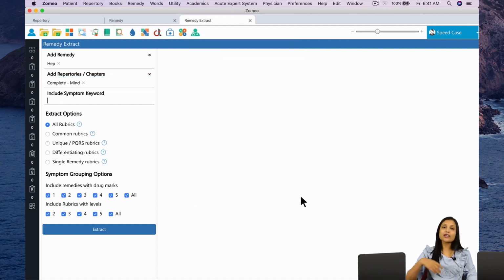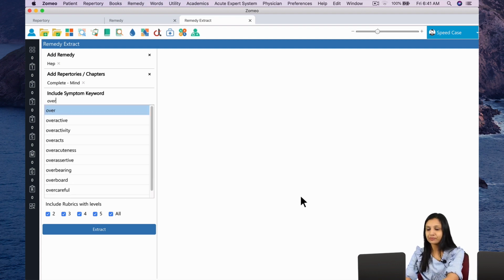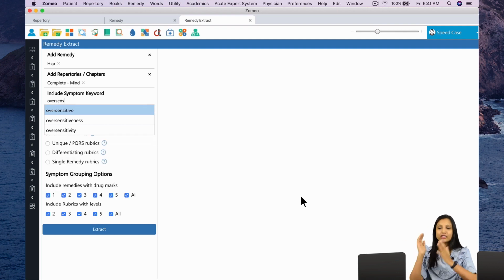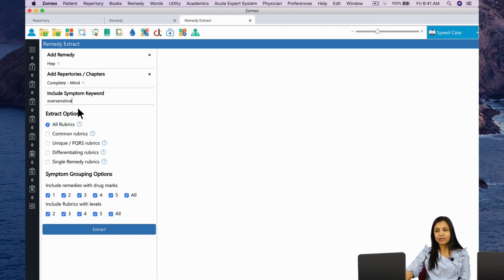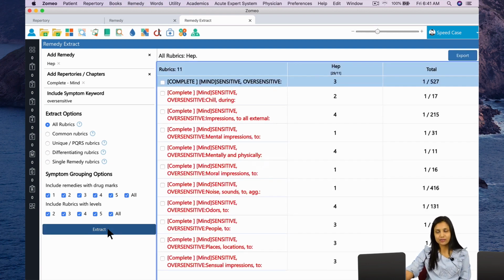And now since I am looking for oversensitive, that is the rubric group that I am looking for, I type in OVER SENS, and as you can see, there are already word suggestions that are being given. So I can select any word suggestion that I want. I will select oversensitive. I would like to see all the rubrics of Hepar Sulph that contain the word oversensitive. And then I click extract.